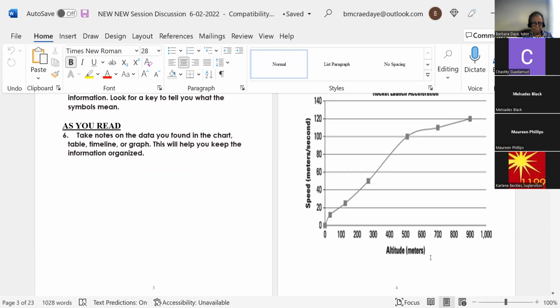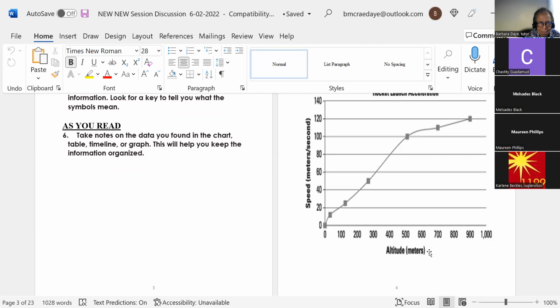Okay, the altitude is 900, and the speed is... I didn't ask you speed. I asked you at what altitude this rocket levels off. This rocket levels off at altitude 900. No, I'm wrong.